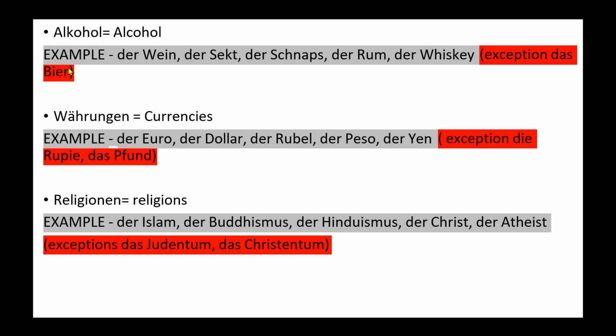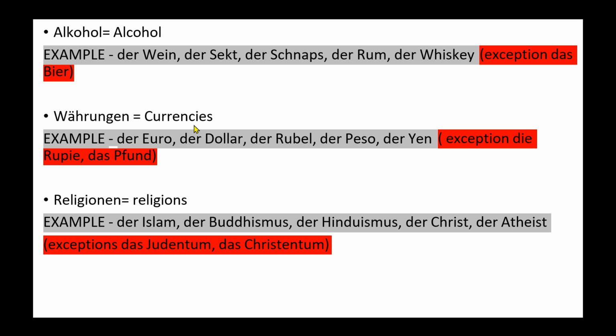Alcohol. Example, der Wein, der Sekt, der Schnaps, der Rum, der Whiskey. Exception, das Bier. In alcohol, we use der for everything, but there is an exception, which is beer. In beer, we use das, not der.